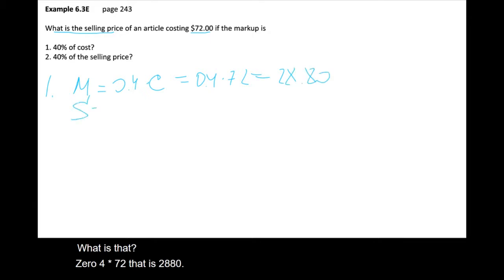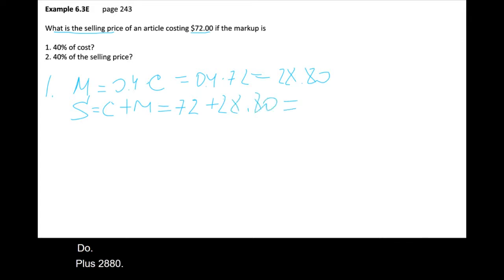And price is C plus M, which is 72 plus 28.80, which equals $100.80. Yes or no? Guys, any questions?